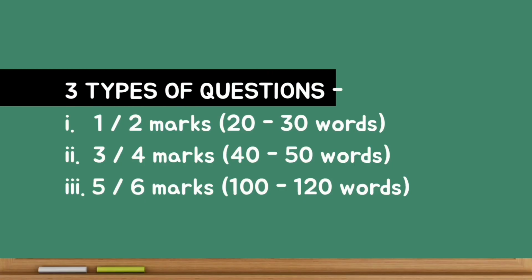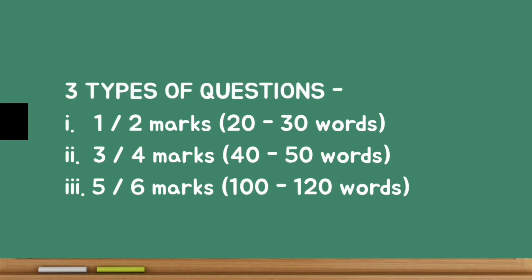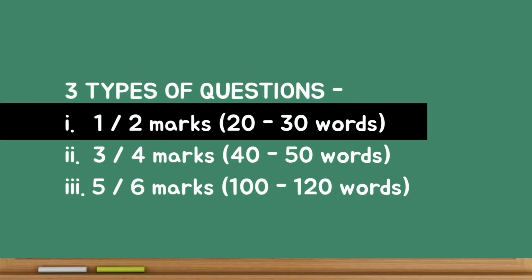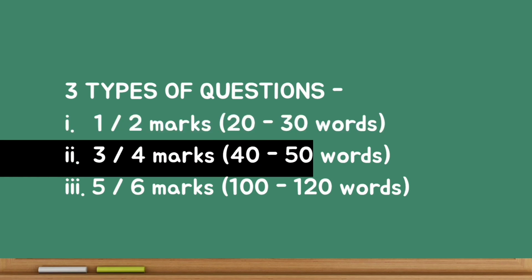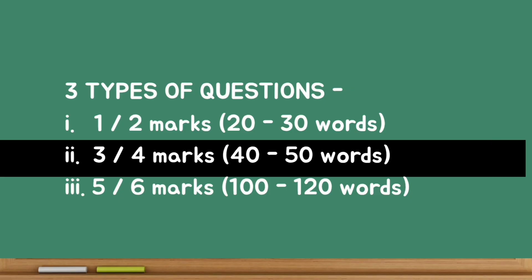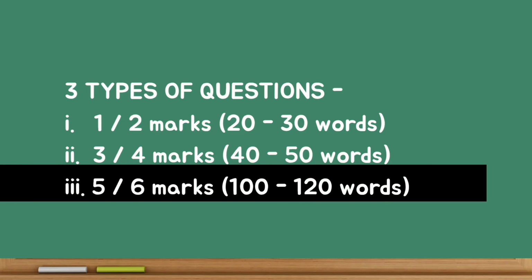Generally, you will find 3 types of questions in your question sheets. The first type is 1 or 2 marks questions, which need 30 to 40 words for a complete answer. Type 2 is 3 or 4 marks questions, which need 40 to 50 words. And type 3 is 5 or 6 marks questions, which need 100 to 120 words.